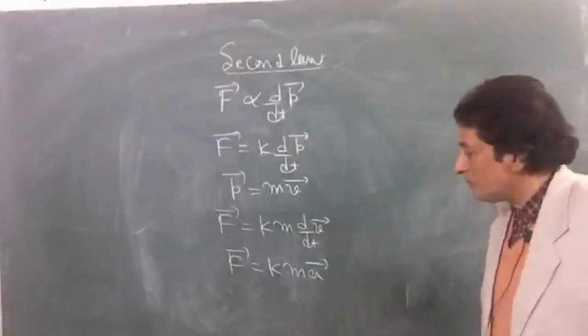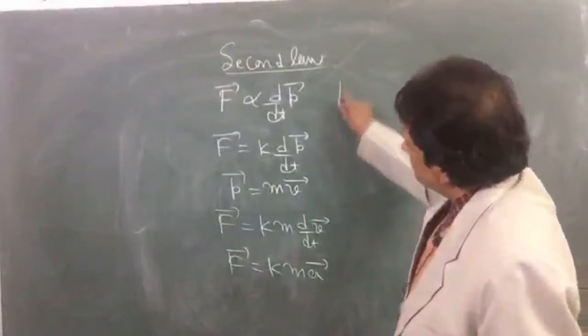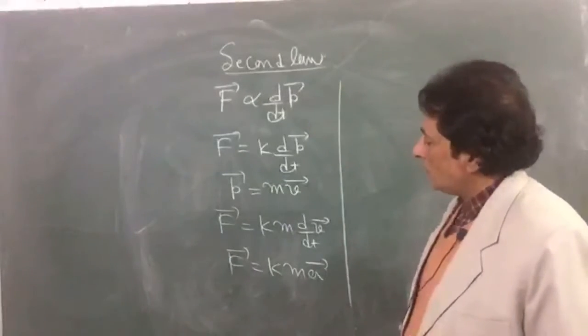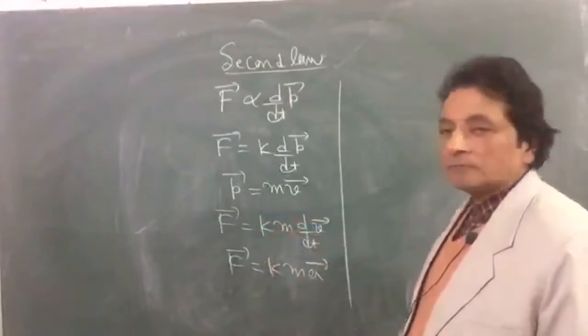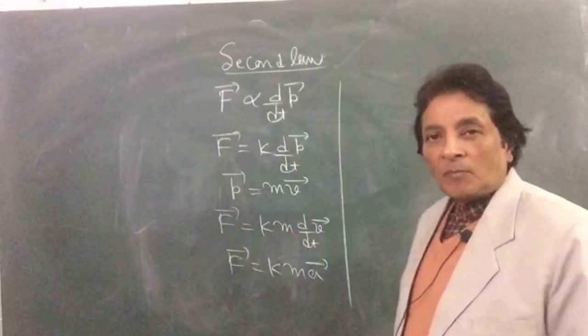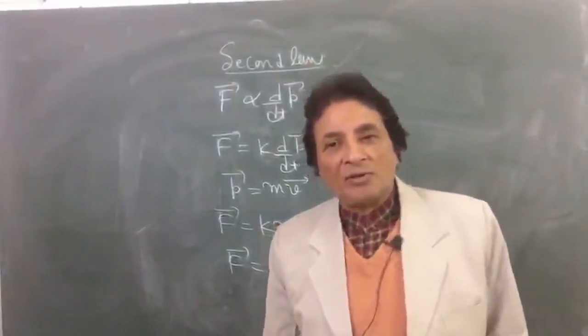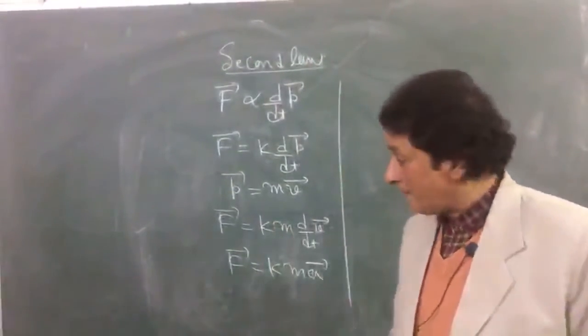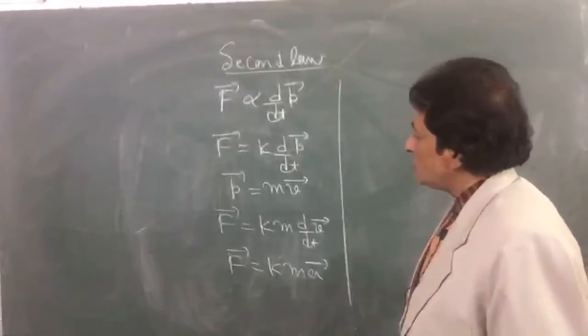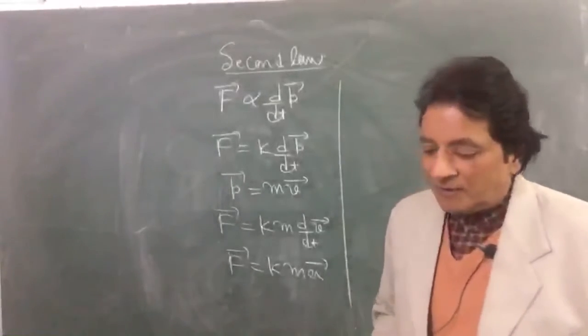Now, you'll put a question: why do we introduce K? Well, K is the constant of proportionality, and it tells us about the strength of the relation.